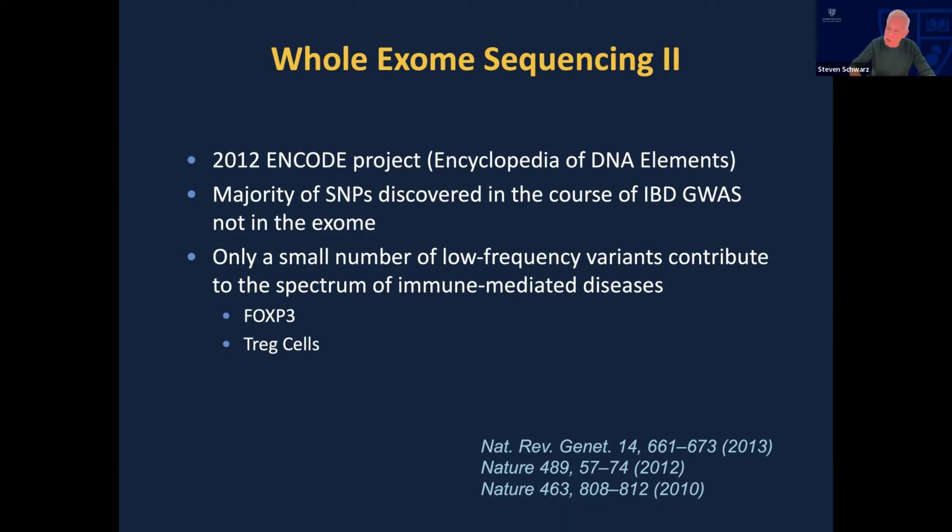So the majority of the single nucleotide polymorphisms don't actually present themselves as genes that are expressed in terms of function. So only a small number of low-frequency variants contribute to the spectrum of immune-mediated diseases. And in the case of IBD, a lot of this is through regulation or dysregulation of FOXP3 and T regulatory cells.